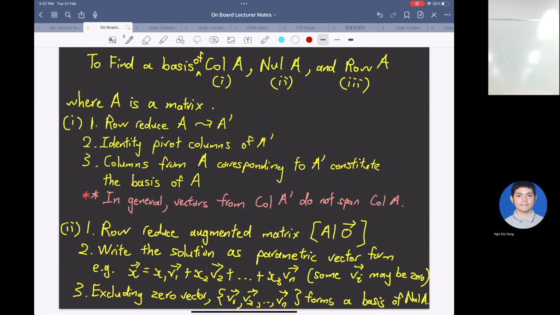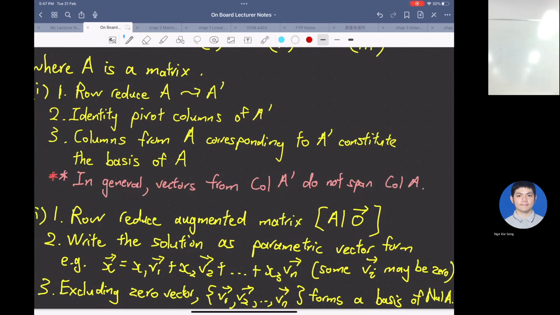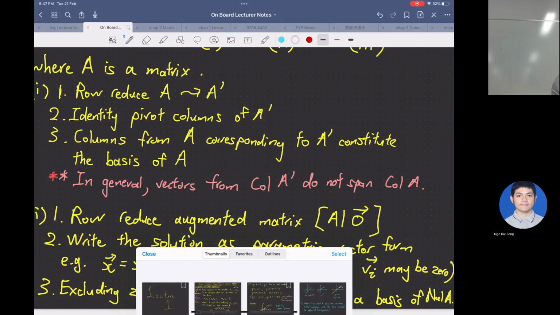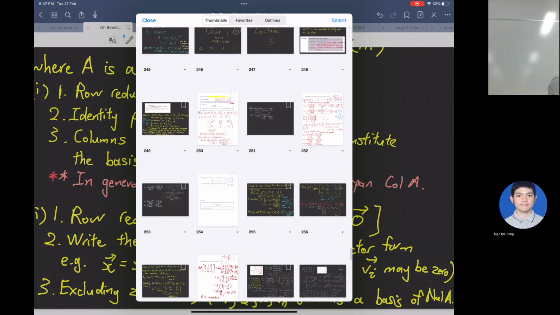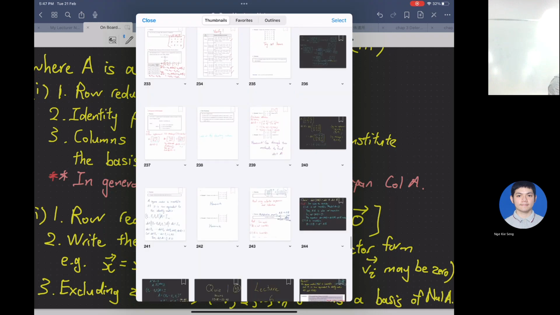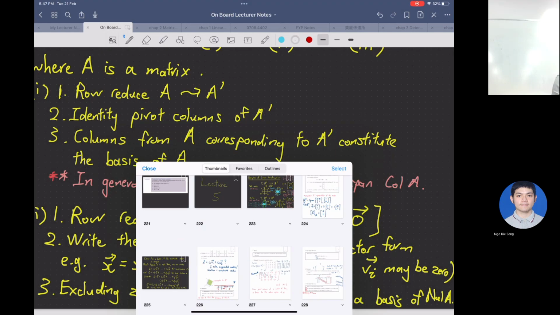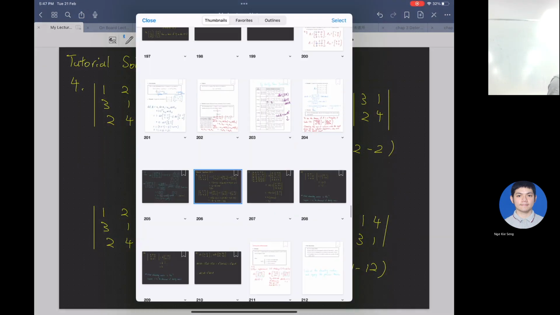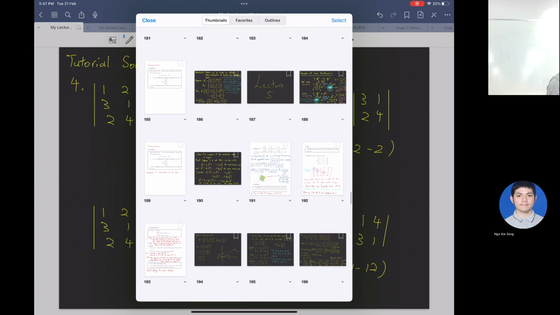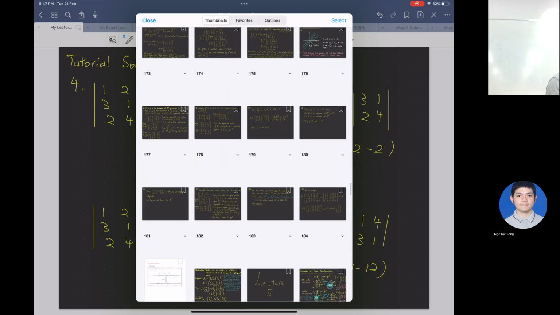We call it a parametric vector form. And then you say the vectors are linearly independent. But your proof is not general. Not general. My proof is general, I think my proof is general.